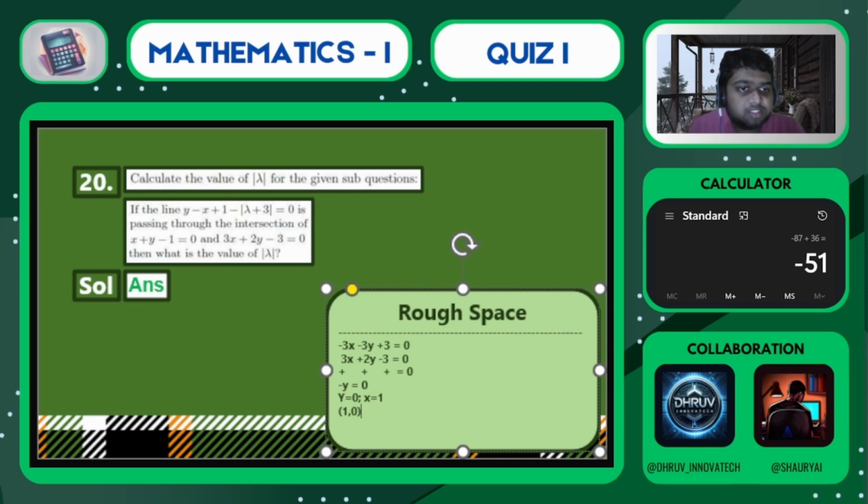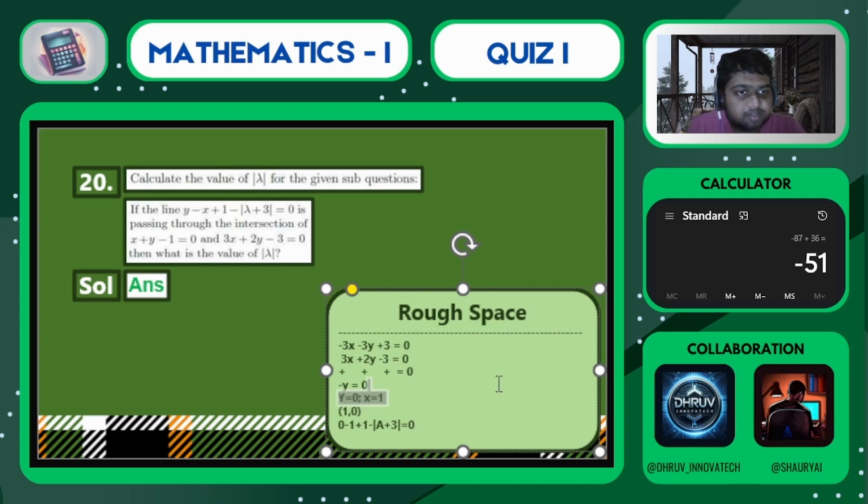So now substitute this value in the above equation. 0 minus 1 plus 1 minus, let's say, lambda plus 3, which equals 0. You can observe that everything gets cancelled.